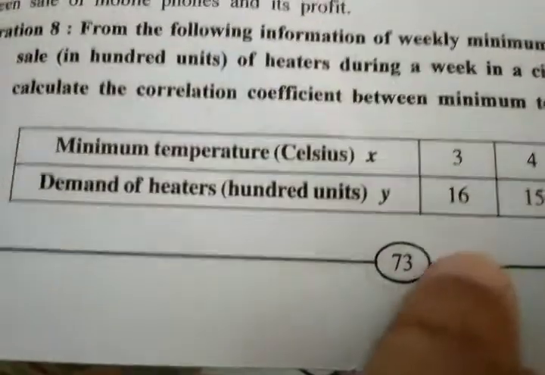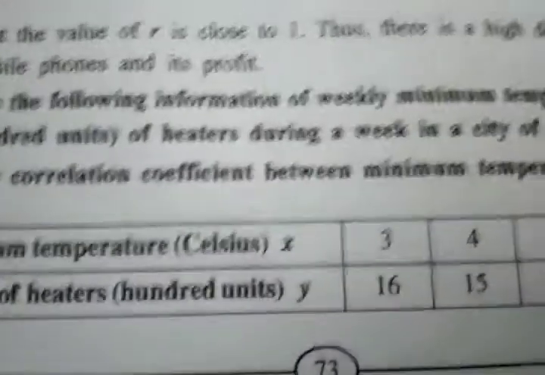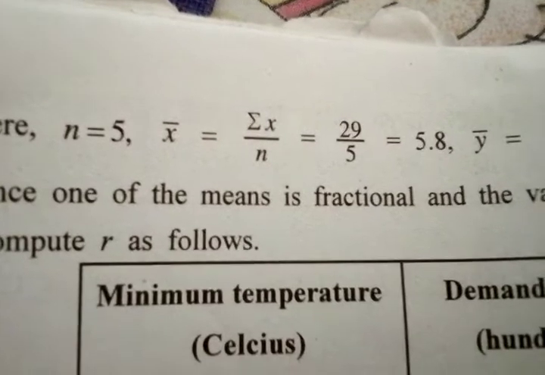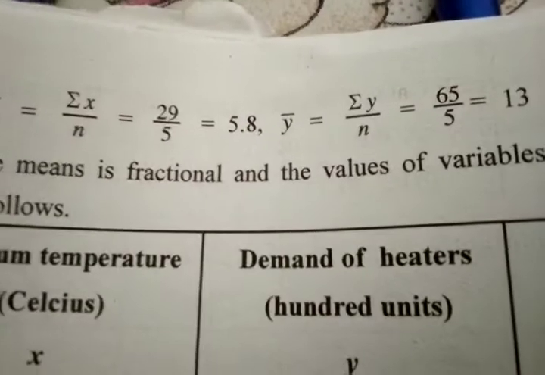Then the next case is minimum temperature and demand for heaters. The x and y variables are available. Let us see how we proceed. Here the mean of x is coming to 5.8 and y bar is 13.